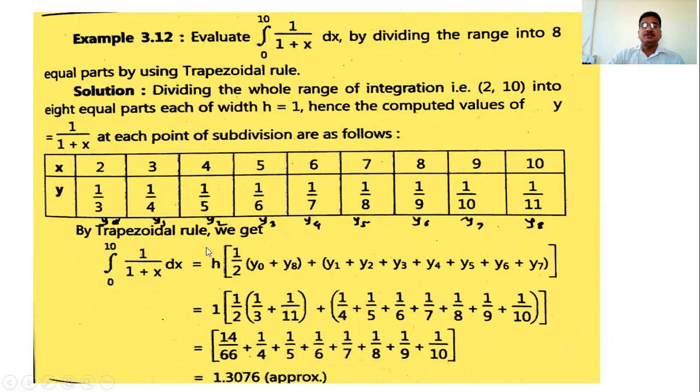Another form of the formula writes the 1/2 outside, but our practice is h by 2.